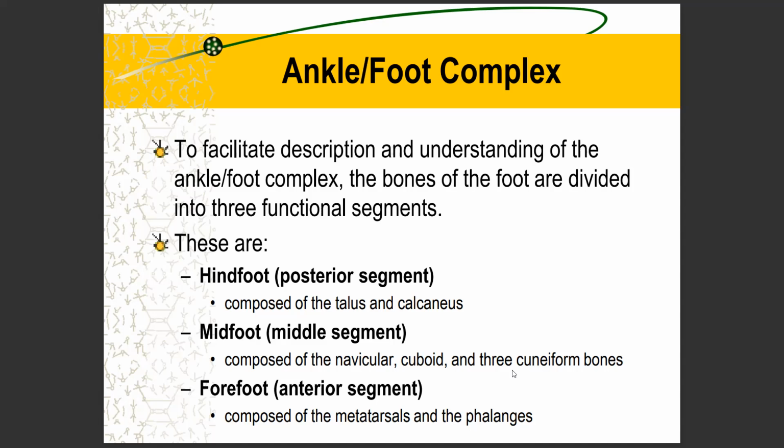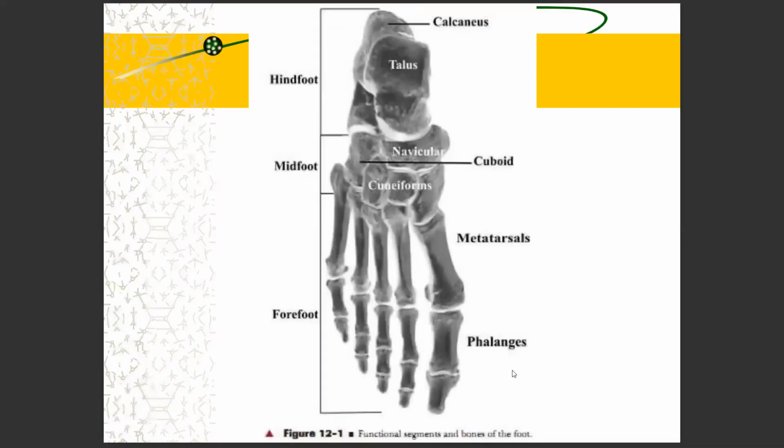The 3 cuneiform bones are the medial cuneiform, the intermediate cuneiform, and the lateral cuneiform bone. While the forefoot, which is also the anterior segment, is composed of the 5 metatarsals and all phalanges.